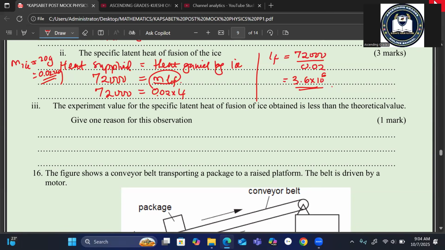The experimental value for the specific latent heat of fusion of ice obtained is less than the theoretical value. Give a reason for this.